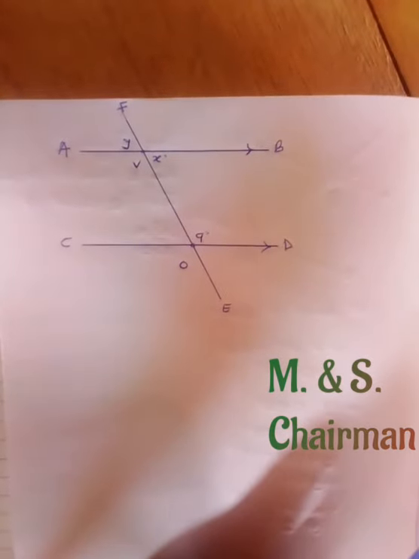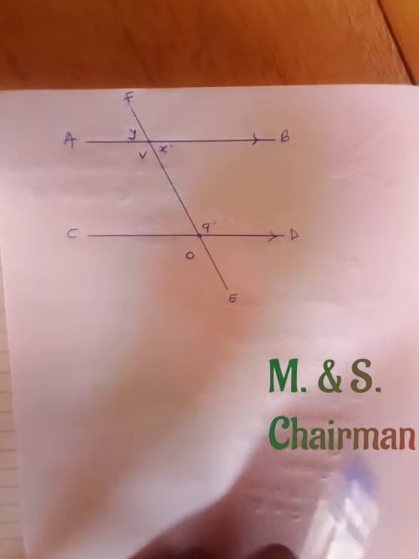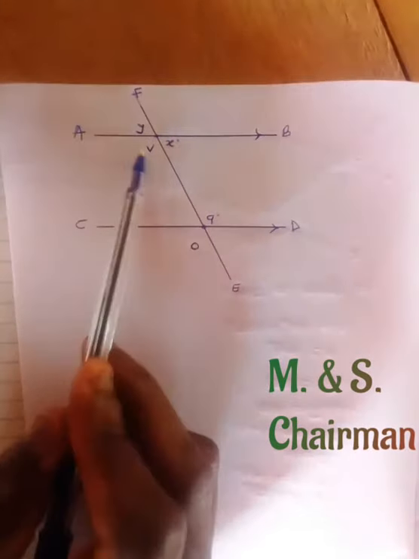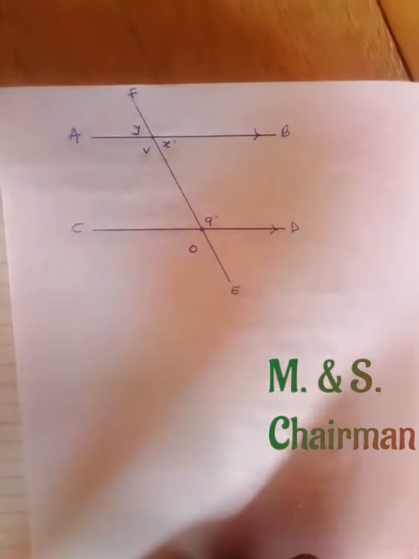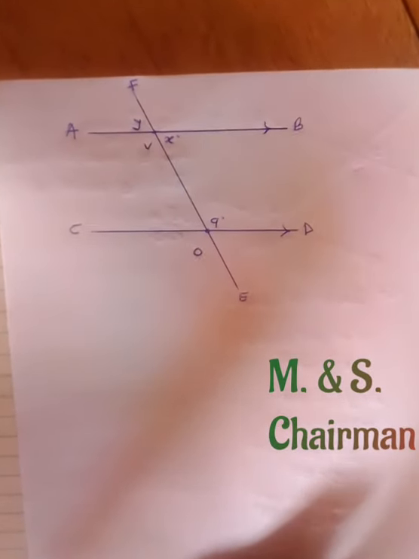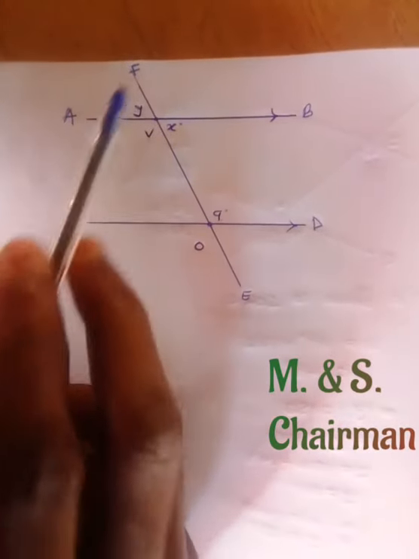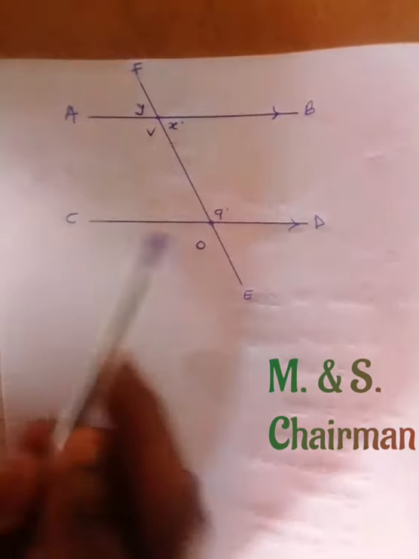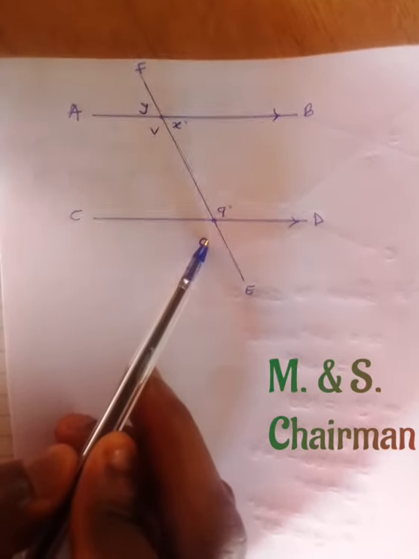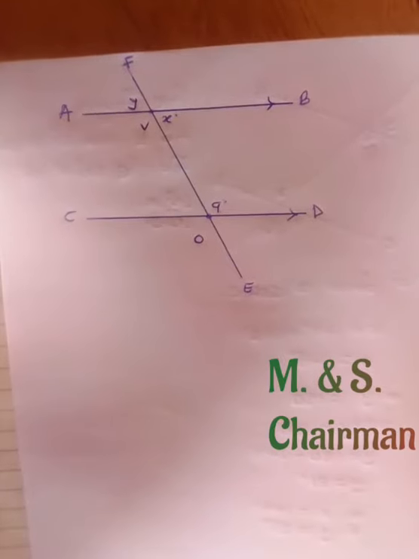If they also ask you angle BVE, that's the S. So B, my V, my E here. If they also ask you angle FOC or COF, I have my C here, I have my F here. When I trace them, this is the O. So that's the angle. So I think you now know how to locate.